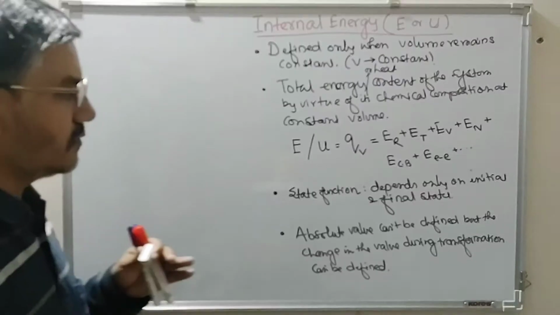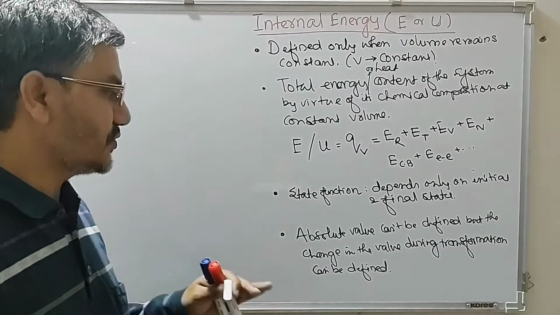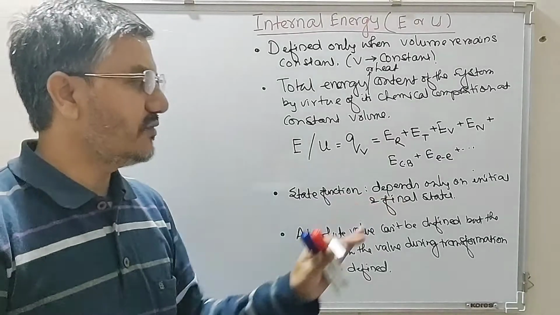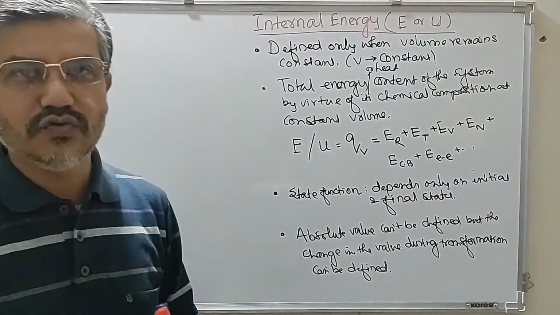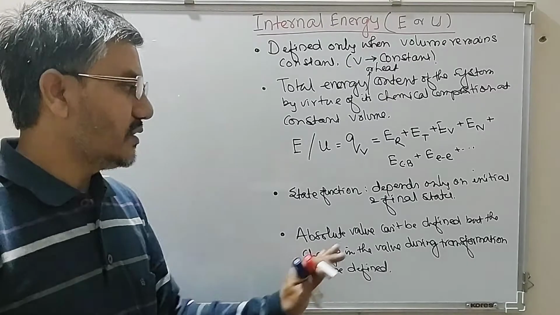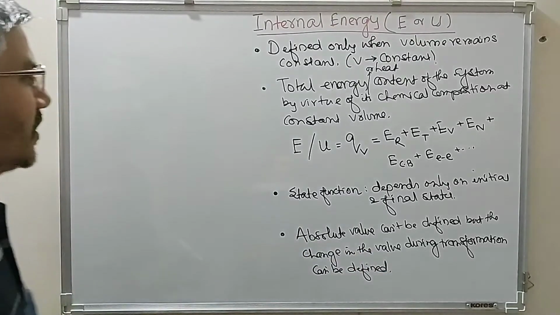So this is for all state functions. For all state functions, the absolute value cannot be defined, but we can define the change in the value of that state function during any course of transformation.